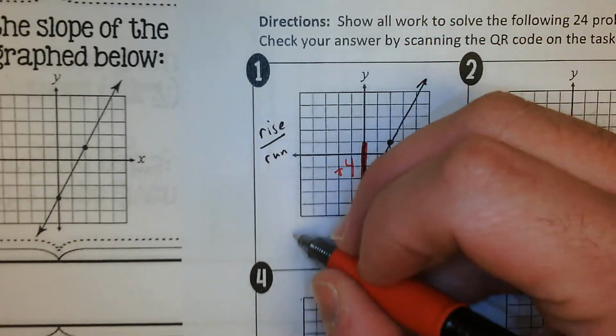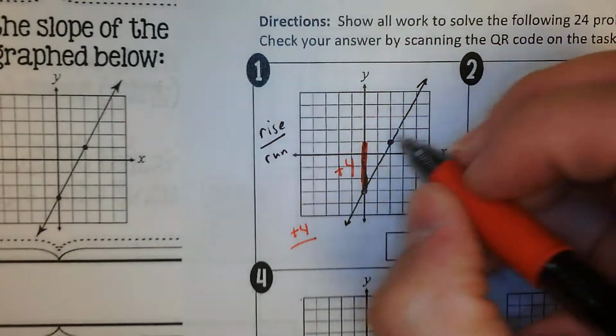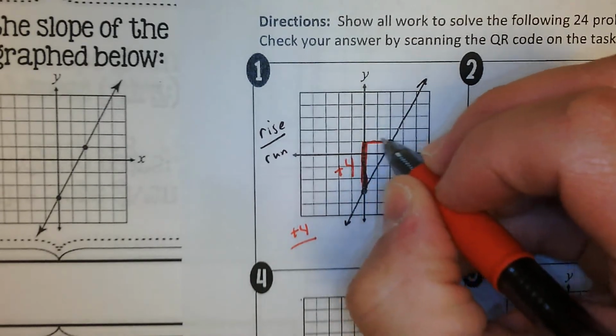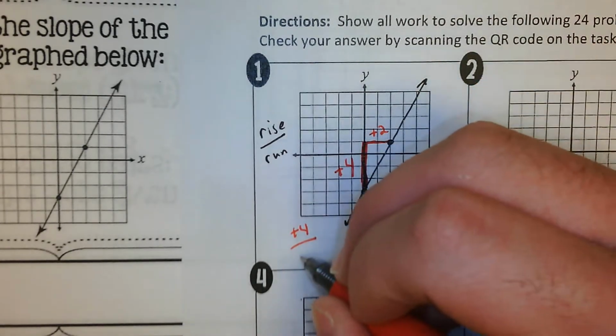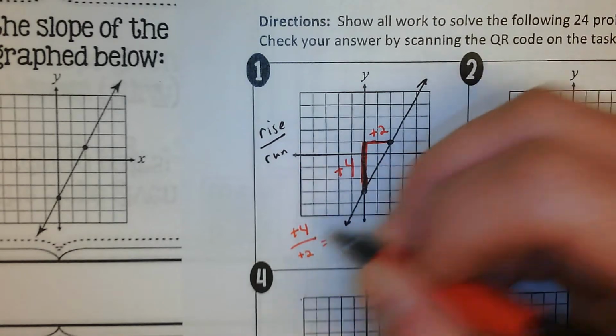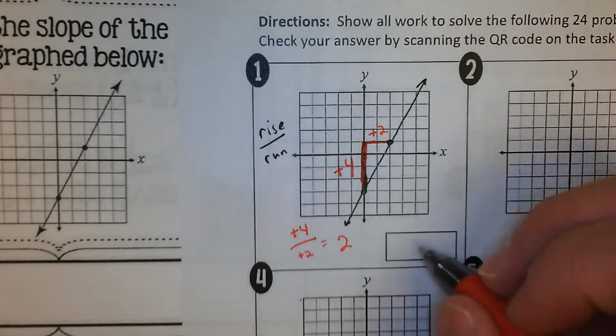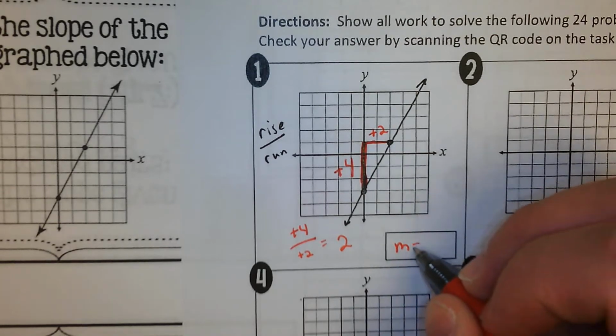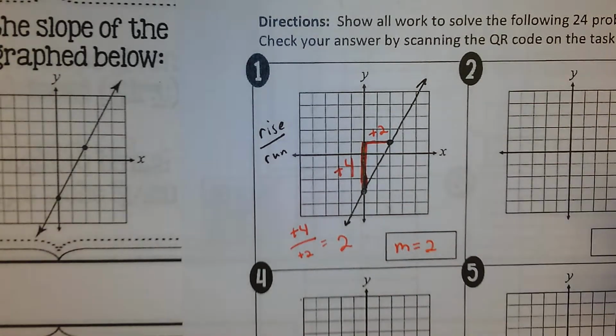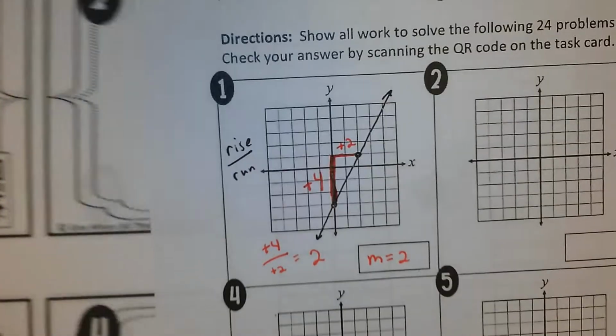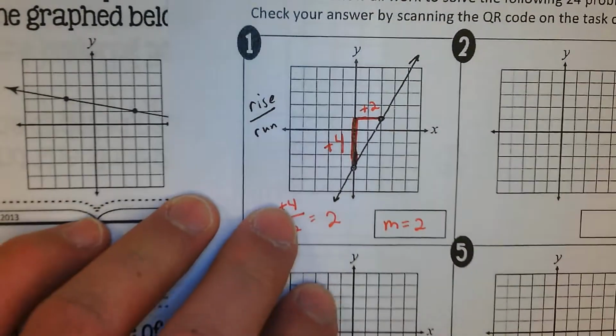So my rise would be positive 4. Then we go to the right 1, 2 times. So my run would be positive 2. 4 divided by 2 is just 2. So then my answer would be m is equal to 2. Alright. So we have positive. It's a positive slope.